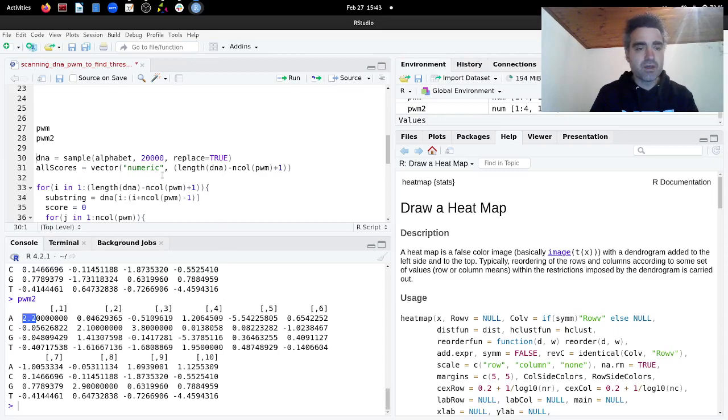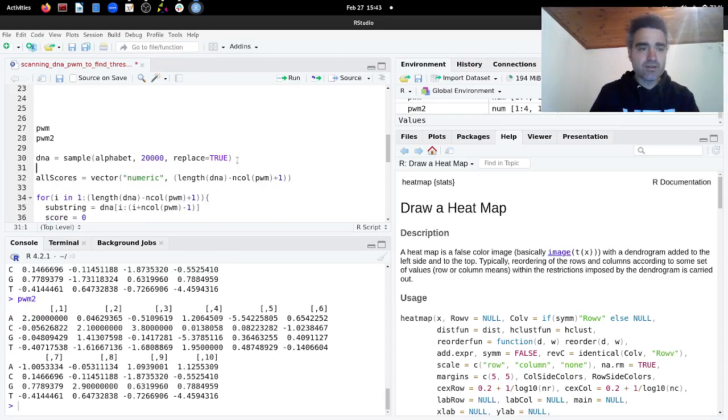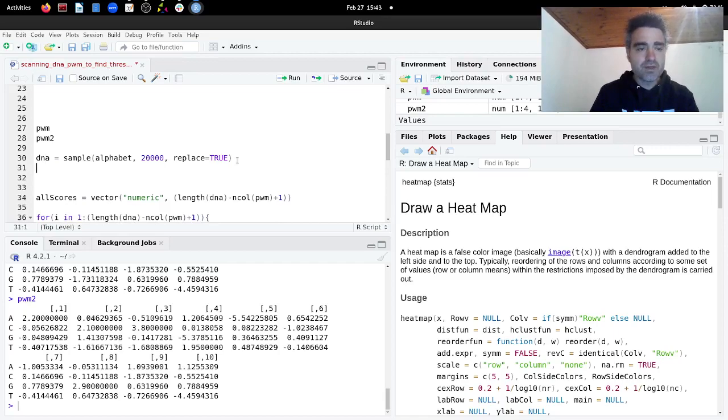sample of DNA. So we said in the theoretical part that we must construct a DNA artificially, and this DNA will just be stochastic.